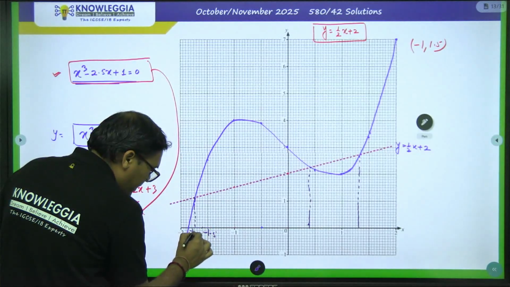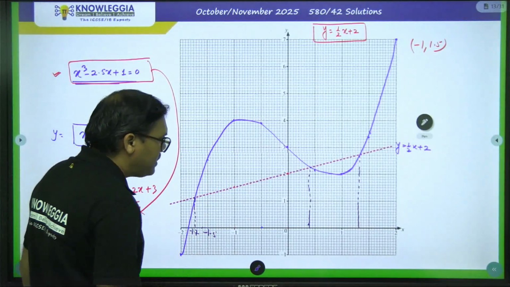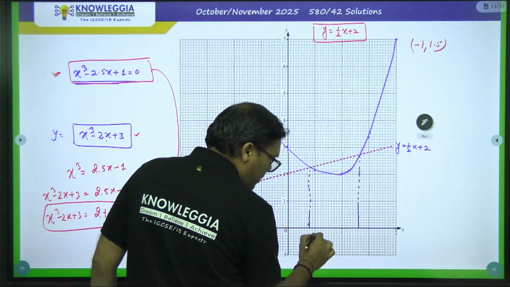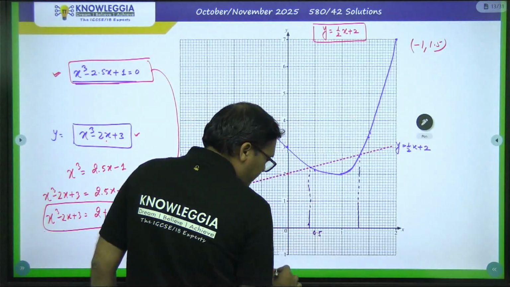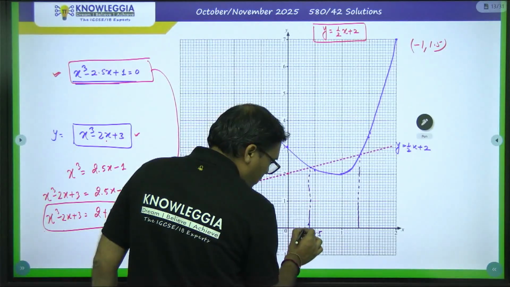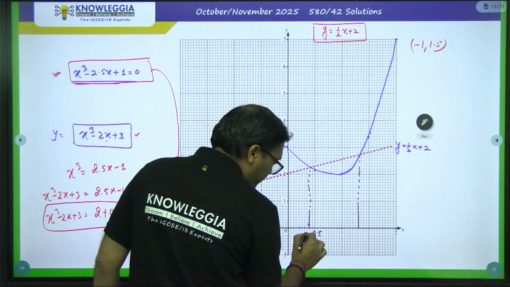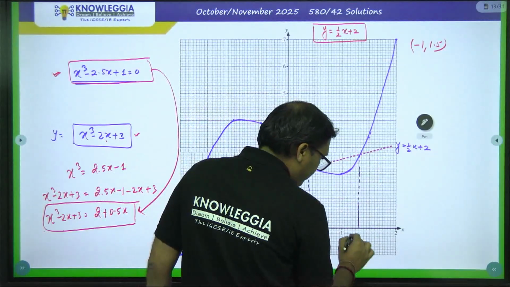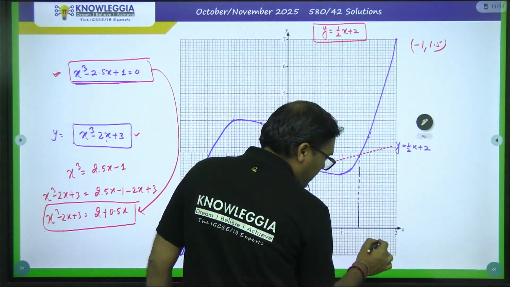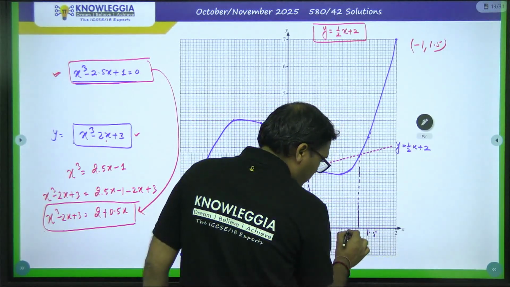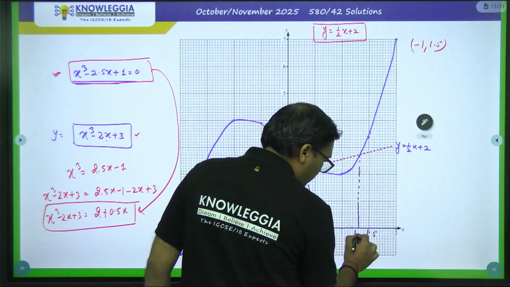This is minus 1.7. This value is, you can see this is 1, this is 0.5, so this is 0.4. And this is 1 and this is 1.5, so this is 1.4.